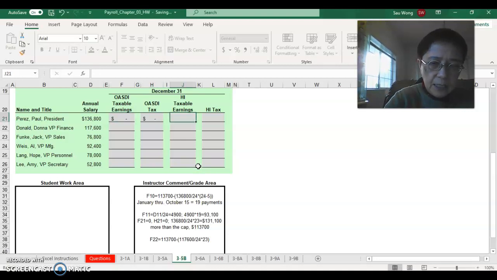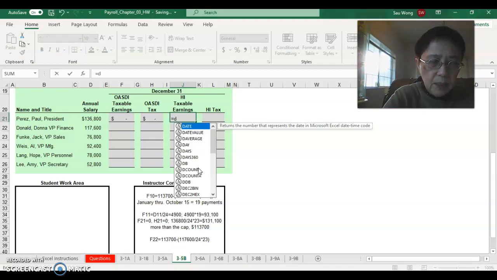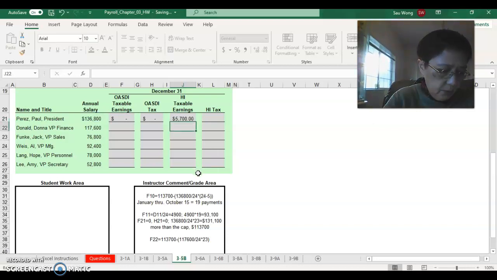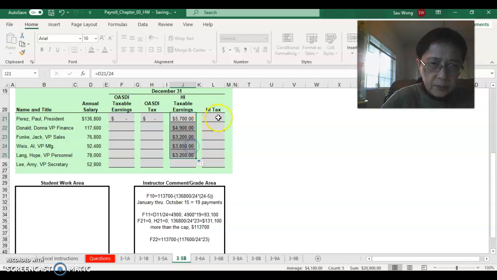And the Medicare taxable wages would be, Medicare has no cap, so D21 divided by 24. Okay, and then we drag this formula down to J26.